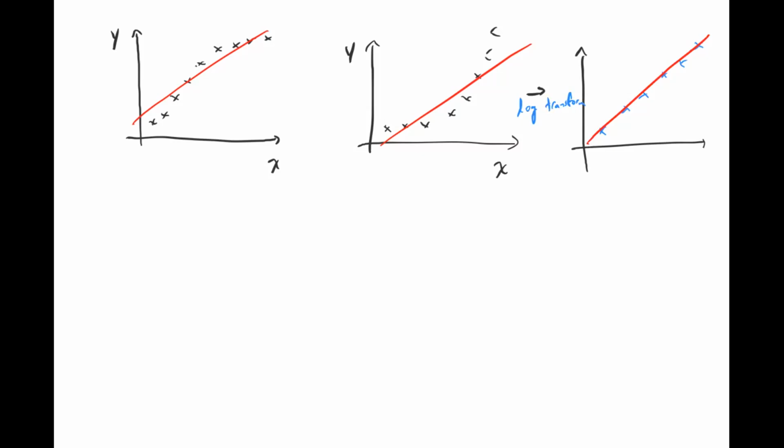And so this is really common, especially in the field of econometrics, to attempt to linearize the data so that you can fit a linear function to it. And there are benefits to this type of approach.